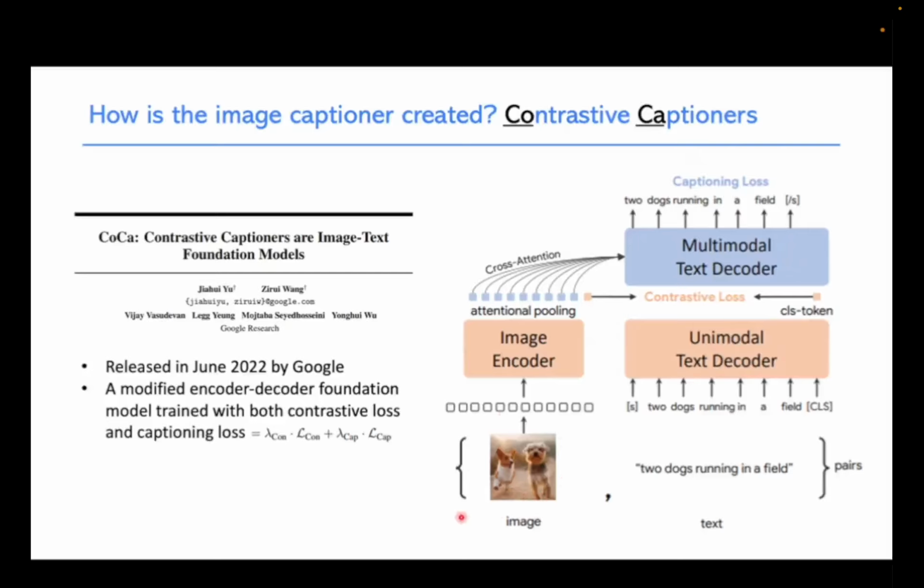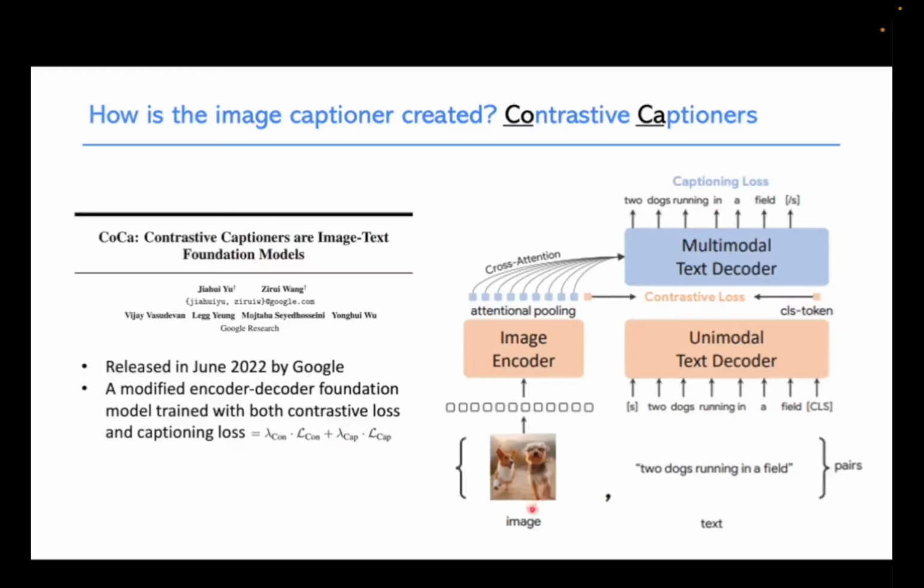Because in CLIP, if you remember, we are only able to find the linking between the image embedding and the text embedding. But we cannot give it an image and ask a question related to that image, like what is on the left side of this dog, and have it answer that it is a dog.